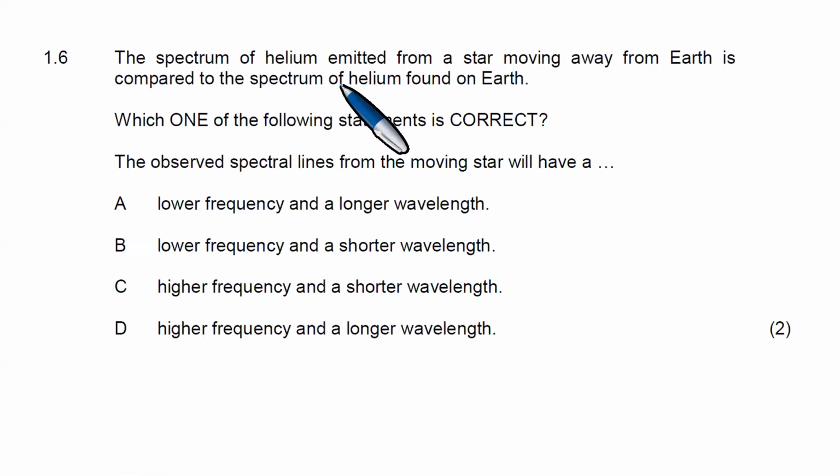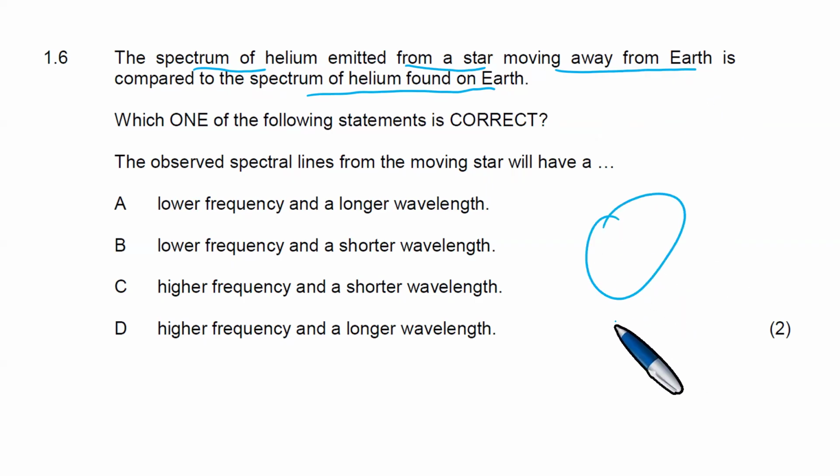The spectrum of helium emitted from a star moving away from Earth is compared to the spectrum of helium found on Earth. Okay, so we have Earth, and then we have a star.